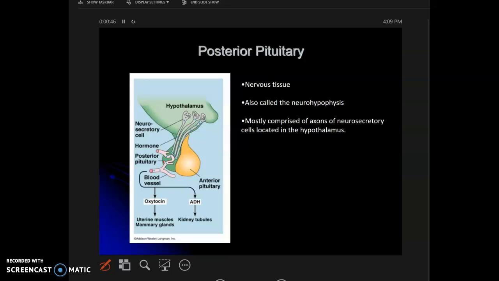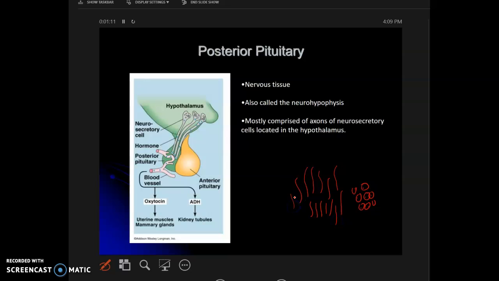Now, the posterior lobe, if you look at it under the microscope, what you'll notice is that it has mostly fibers, nerve fibers. Whereas the anterior pituitary, you can see distinct cells. We'll see this in the lab histology slides, so you'll know that this is the posterior pituitary.